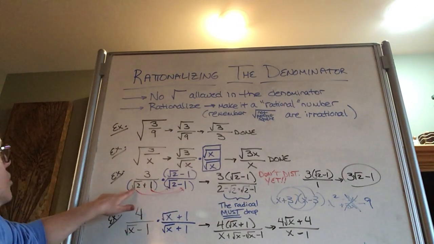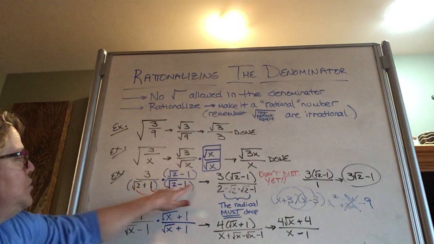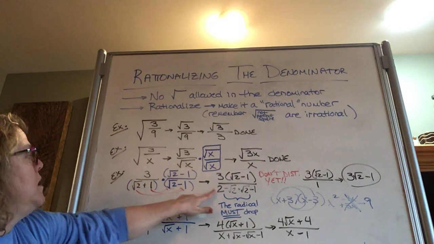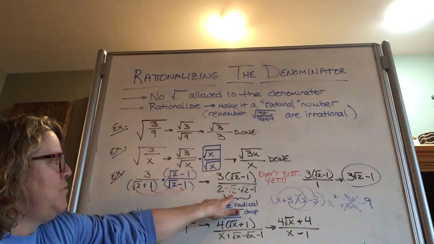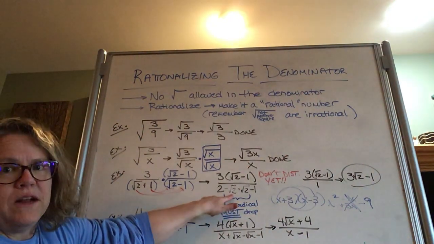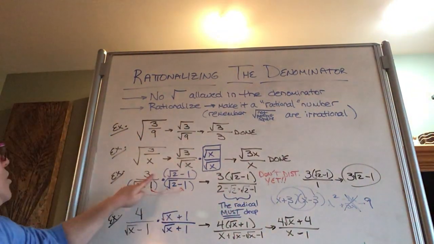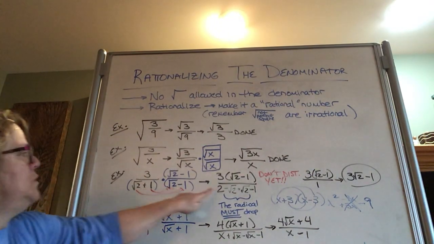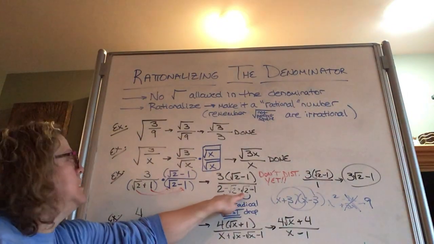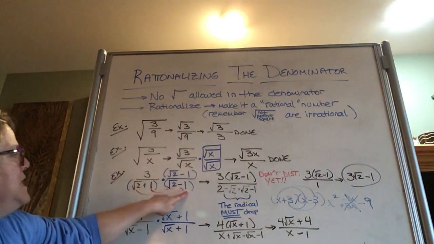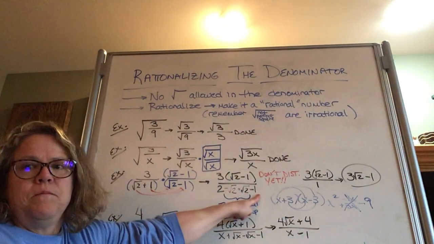So look what happens. Radical 2 times radical 2 is 2. Radical 2 times negative 1 is negative radical 2, or negative 1 radical 2, same thing. 1 times radical 2 is positive radical 2, or positive 1 radical 2. And 1 times negative 1 is negative 1.